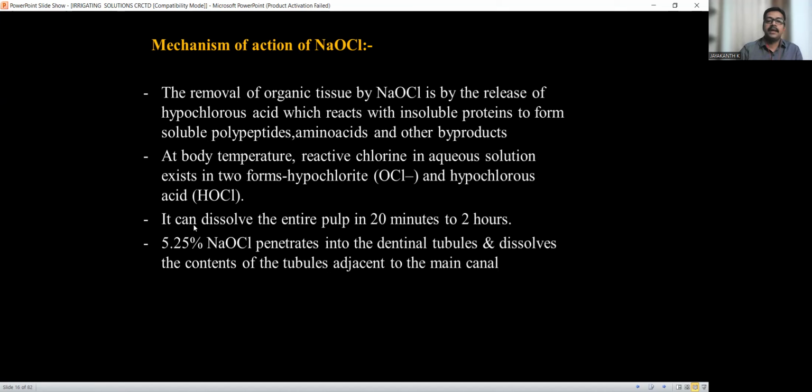It can dissolve the entire pulp in 20 minutes to 2 hours, which indicates a high activity of sodium hypochlorite. 5.25% sodium hypochlorite penetrates into the dentinal tubules and dissolves the contents of the tubules adjacent to the main canal.